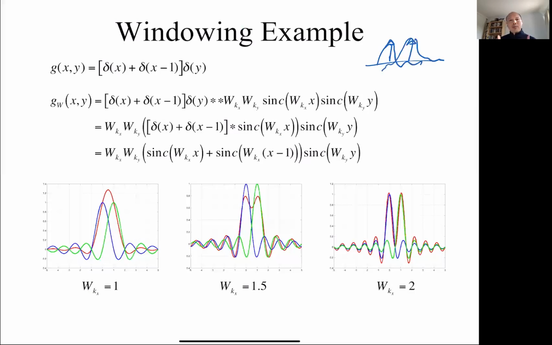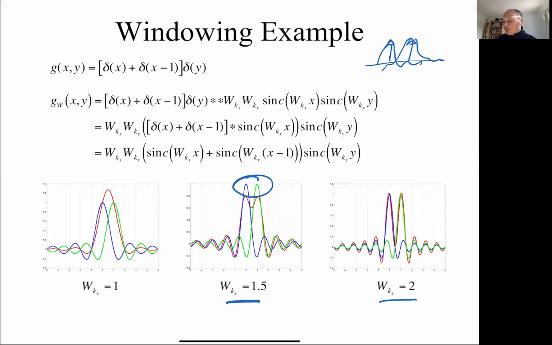And so we want to pick the WKX such that we can just differentiate the two right at the border of where we can no longer see that they're different. If I pick large values of WKX, like 2 or 1.5 in this case, those 2 objects are clearly distinguished.